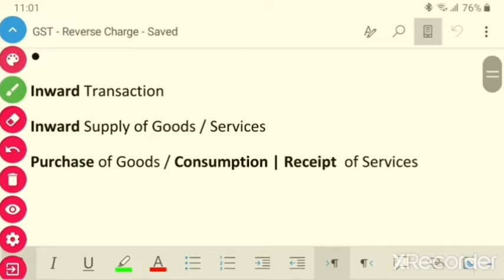Inward transaction, inward supply of goods and services, purchase of goods or consumption or receipt of services.